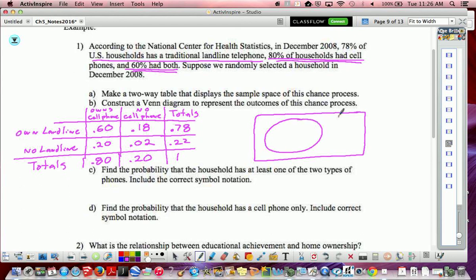I'm going to draw two circles that nicely intersect. One of these I might just put the symbol LL and the letter C to help me know which one represents landline, and which one represents C for our cell phones.